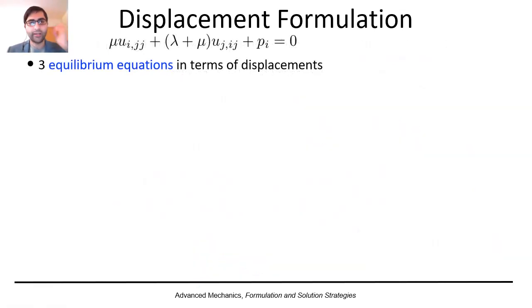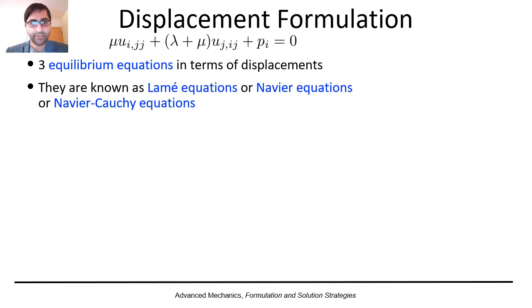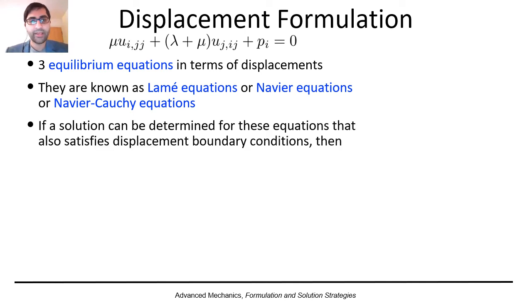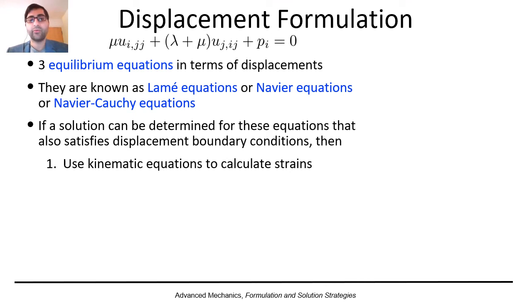Okay, it gives us 3 equations in terms of displacement. They are known as Lamé's equations, or Navier equations, or Navier-Cauchy equations. If a solution can be determined for these equations that also satisfies the displacement boundary condition, then we use the kinematic equation to calculate strain, because we've already calculated u, so we can find strain as a function of that.